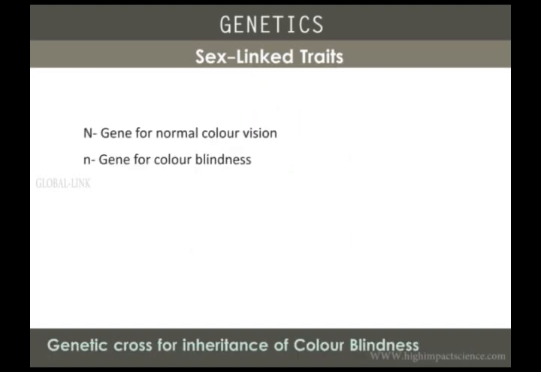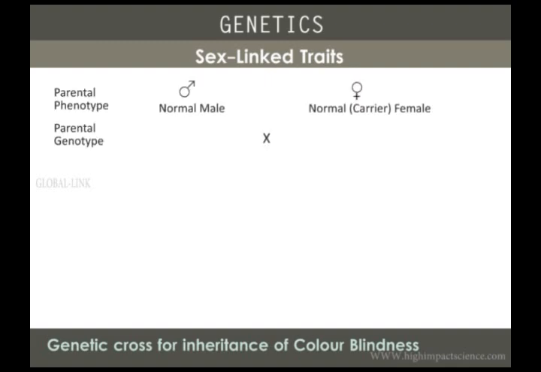If capital N represents the gene for normal color vision and small n the gene for color blindness, let us see the possible outcomes of a marriage between a carrier female and a normal male. Parental phenotypes: the male is normal and the female is normal but a carrier.